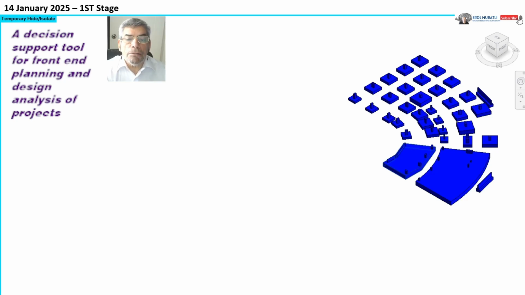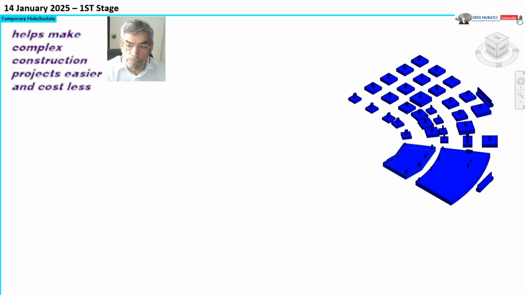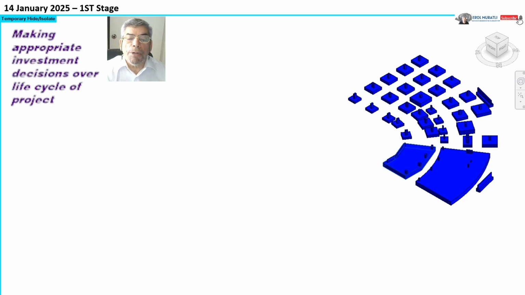A digital support tool for front-end planning and design analysis of projects. Linking project scope and product or project facility performance and the strategic project objectives at the early stage of the project. Helps make complex construction projects easier and less costly, making appropriate investment decisions over the life cycle of the project.